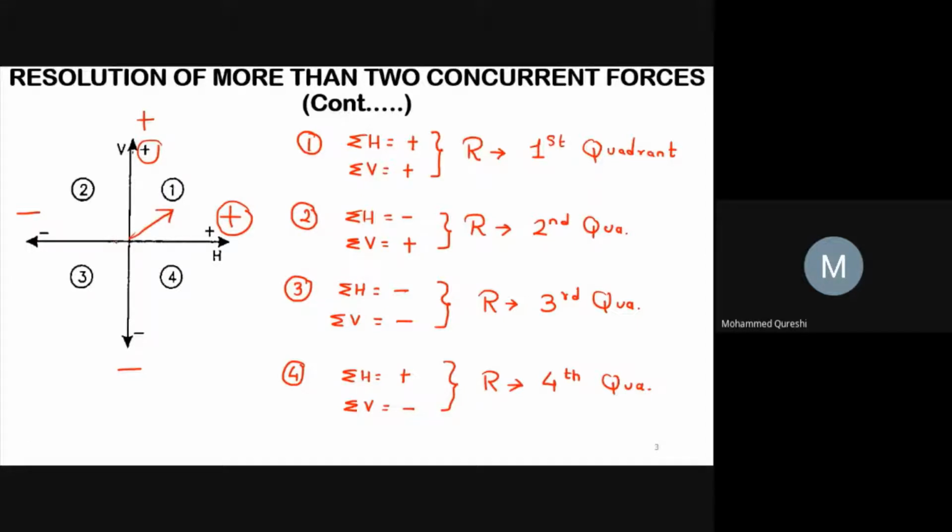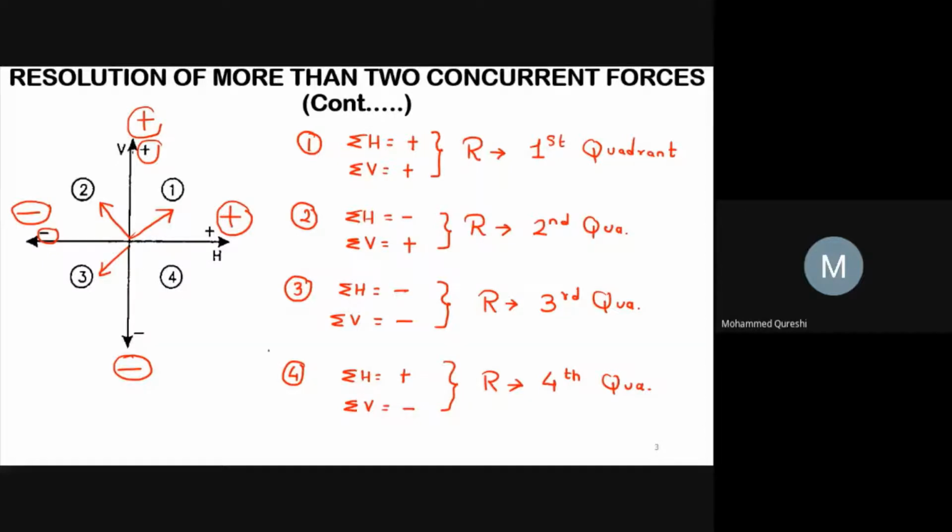quadrant. For second case, if sigma h is negative and sigma V is positive, then your resultant will be in the second quadrant. For third case, if your sigma H is negative and sigma V is negative, then your resultant will be in the third quadrant.